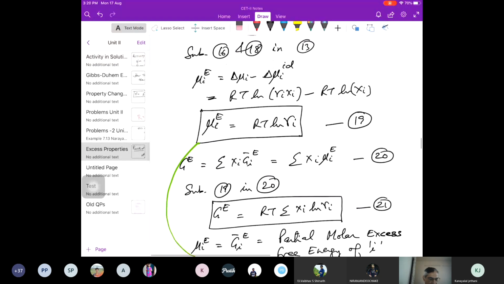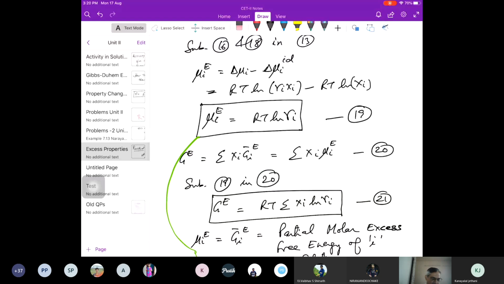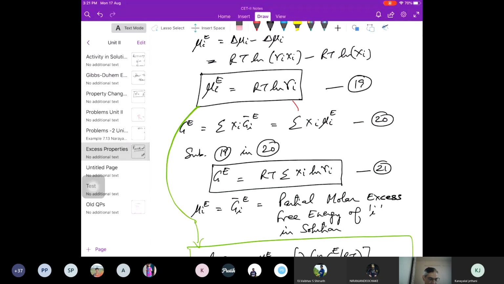Okay, so substitute equation 19 in 20. 20 is what? G E is nothing but summation of xi gi bar E, or is equal to summation of xi mu I E. And what you get is G excess is equal to RT summation of xi ln gamma I, where mu I E is nothing but gi bar E, the partial molar excess free energy of I in solution.